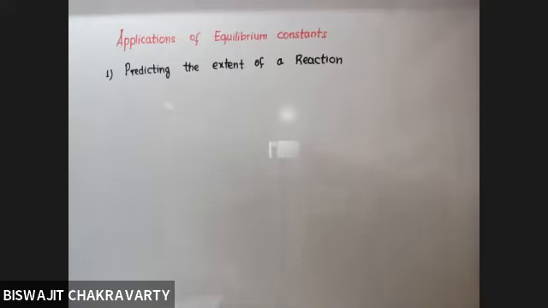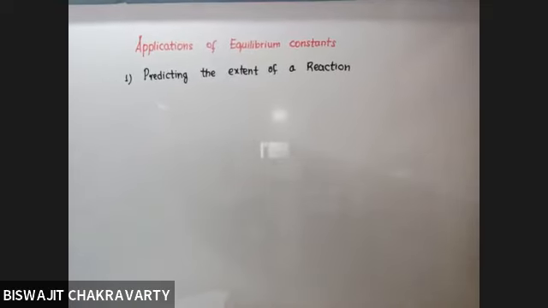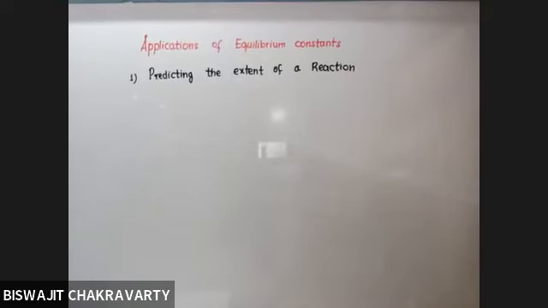Some reactions attain equilibrium just before the end of the reaction. And there are some reactions where equilibrium is established somewhere in between, after the reaction has gone about halfway. So at what moment of time the equilibrium is achieved can be predicted on the basis of the equilibrium constant.